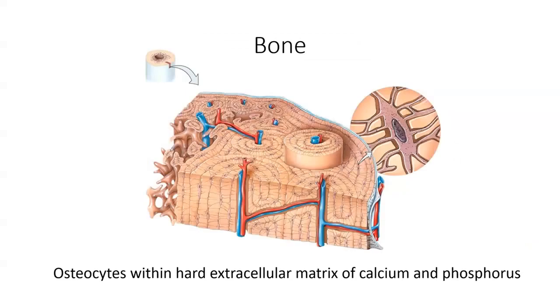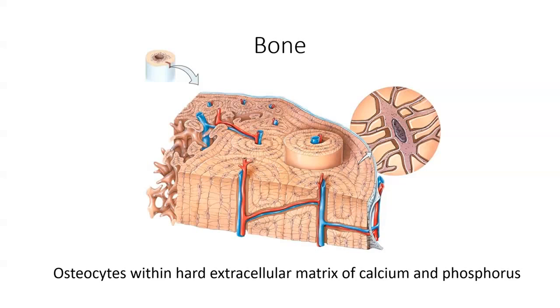So bone tissue supports soft tissues, it protects delicate structures, and it works with skeletal muscle to generate movement. Bone stores calcium and phosphorus. It houses red bone marrow, which produces blood cells. And it contains yellow bone marrow, which is a storage site for triglycerides or for fat.